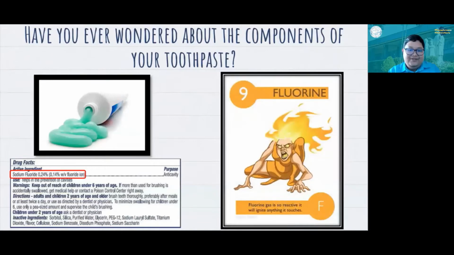A fluorine gas is so reactive that it can ignite everything it touches. So why do they add fluoride, which is created from fluorine, to our toothpaste? Is it safe for us even though it came from a toxic element, fluorine? So we will be able to answer those questions in this video.